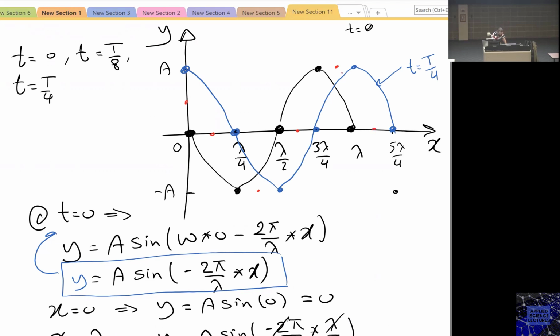So now if I'm to plot the T over 8, the red one is t equals T over 8. Now I want you to pay attention to the peak of the wave here. 1, 2, 3.